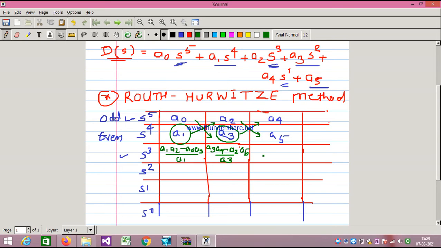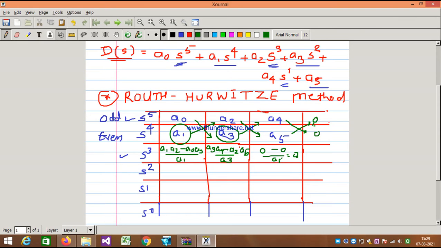Okay, for this again we know that this one is 0, right? So this one into 0 becomes 0, this one into 0 becomes 0, divided by a5. So anything divided into 0 becomes 0. So likewise we do the calculation for any equation.